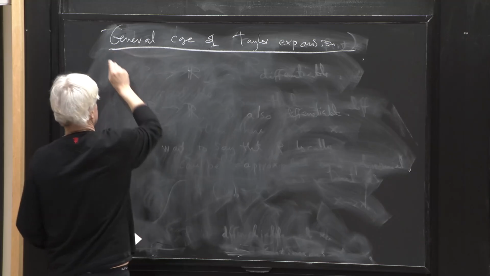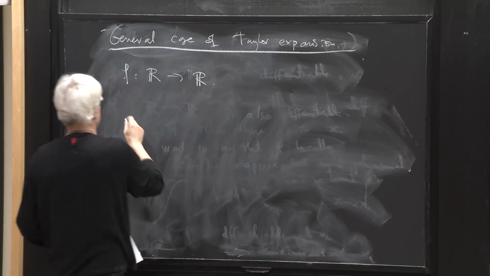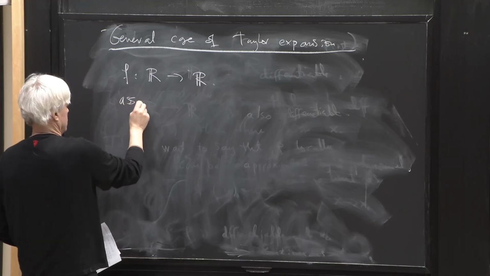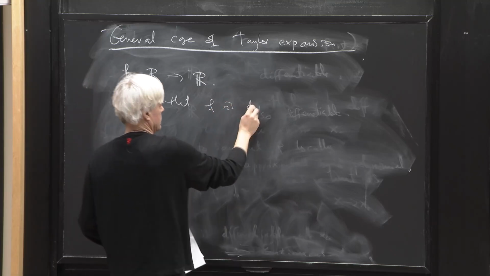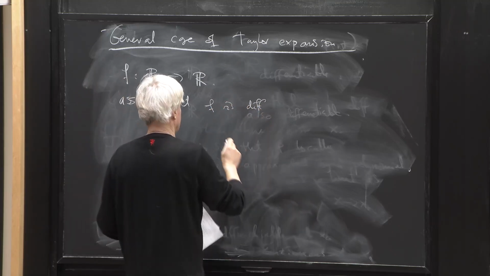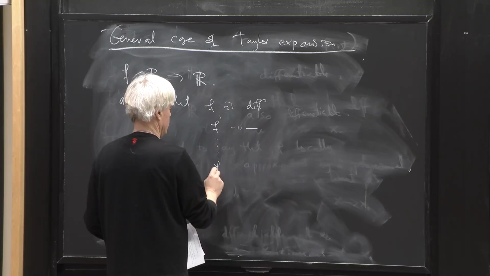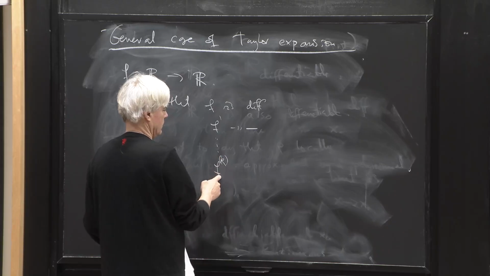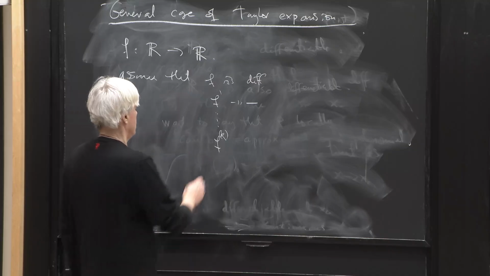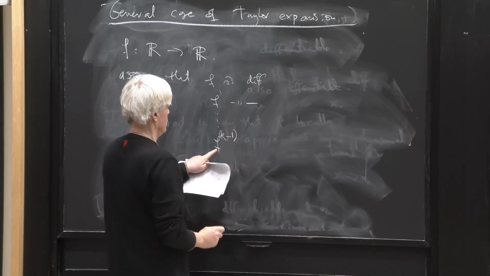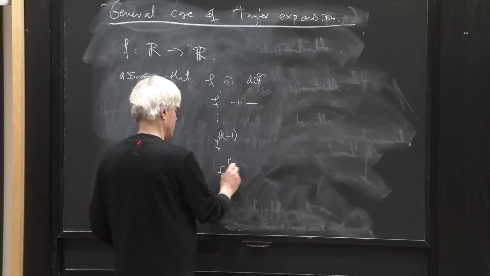So the general case is that you take a function from R into R. You assume that f is differentiable, but also that f prime is differentiable, and all the way up to the k minus 1 derivative is also differentiable, so this here exists.